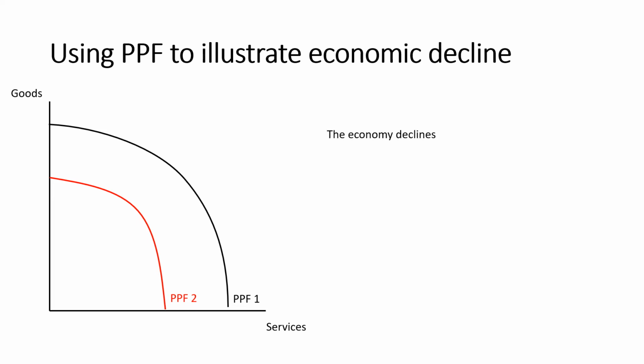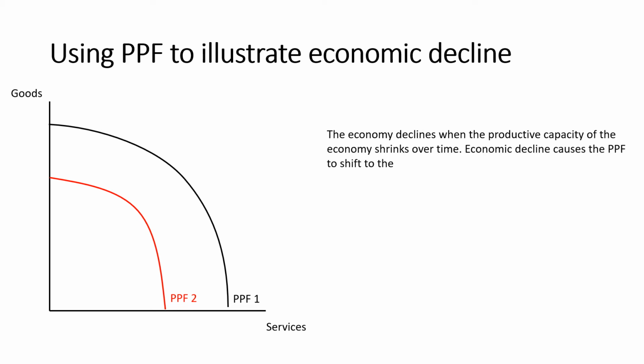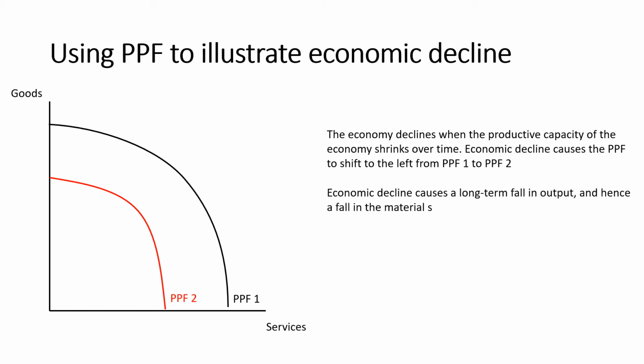So again, to recap, the economy declines when the productive capacity of the economy shrinks over time. Economic decline causes the PPF to shift to the left from PPF1 to PPF2. Economic decline causes a long-term fall in output and hence a fall in the material standard of living.